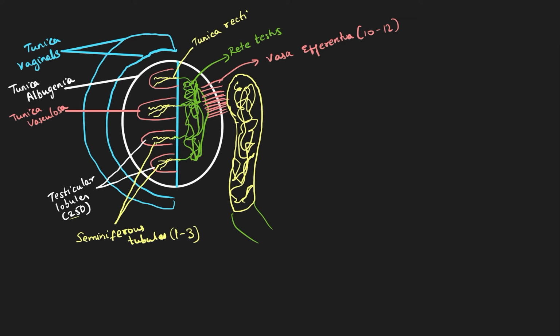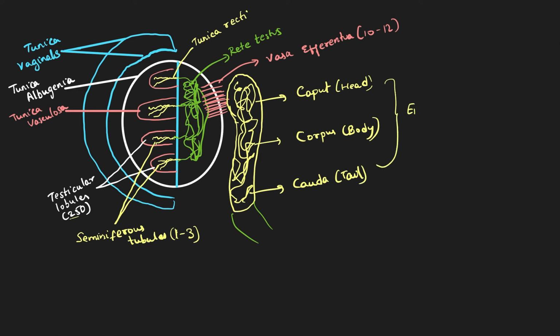The head is known as caput. The body is the corpus. And finally the tail is the cauda. These three together are known as the epididymis.